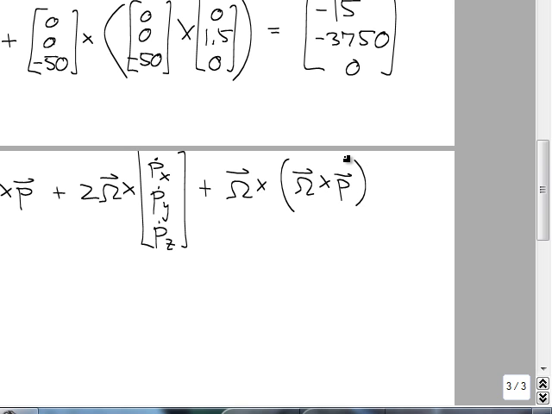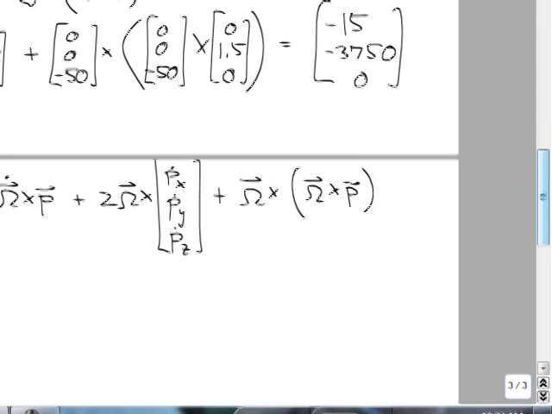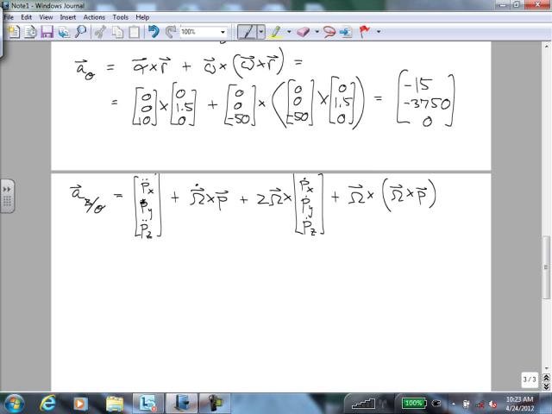The components double dot are the acceleration of the ball relative to that coordinate system. So this is just going to deal with that circular motion. And the components dotted are the velocity components of the ball in that rotating coordinate system.